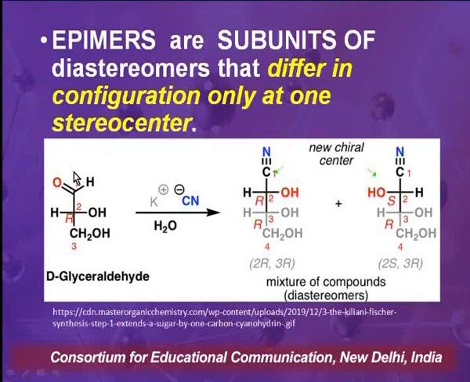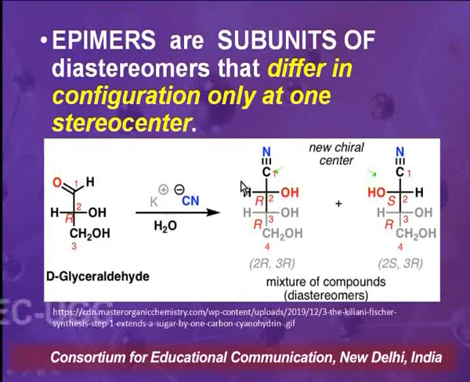So that means we will have two different configurations, in one the OH will be on the right hand side, and in the other the OH will be on the left hand side. So these are a pair of epimers.